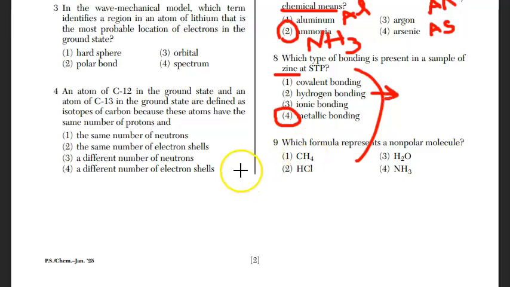For number 9, which formula represents a non-polar molecule? So now we're talking about bonding. It's the electrons in atoms that set up bonding and how elements are going to combine. Then from there, the bonds themselves, again, are set up between two different atoms or two of the same atom.